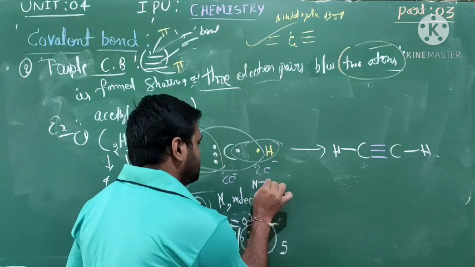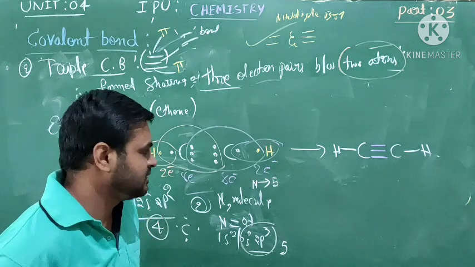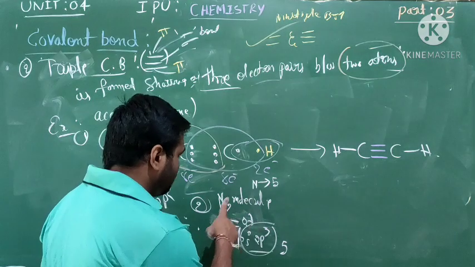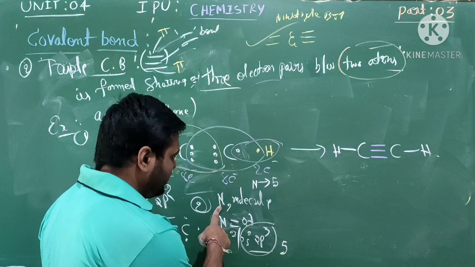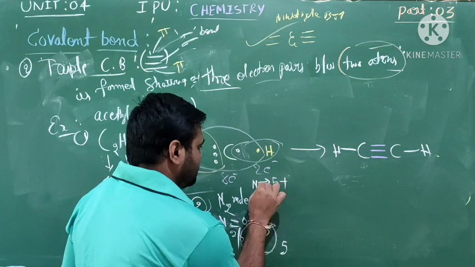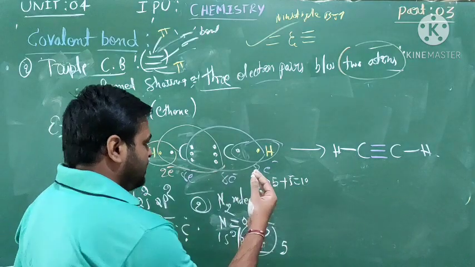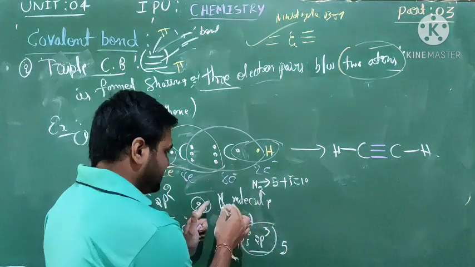So each nitrogen has 5 valence electrons. How many atoms are present? N2, so 5 plus 5, a total of 10 valence electrons are present in this molecule.